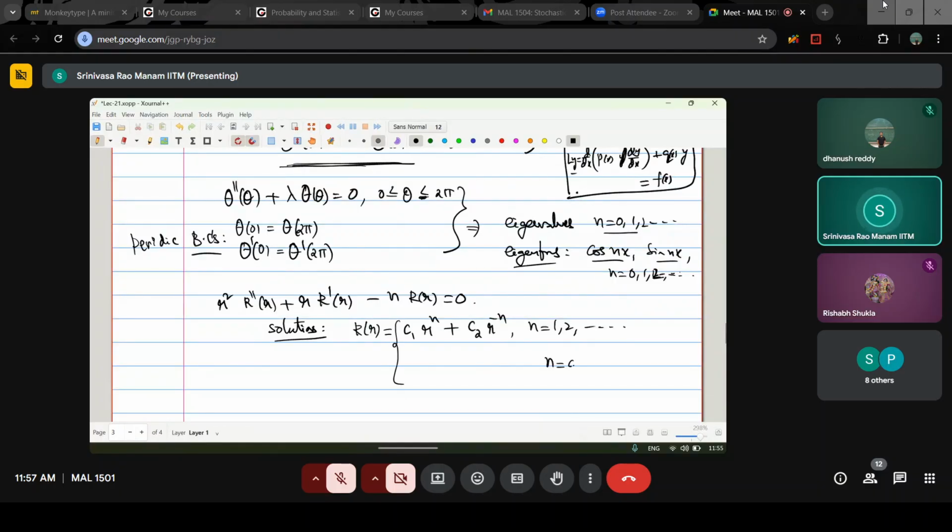If n equals 0, this becomes simply this equation. If you actually solve this one, what you are getting? Simply log r, right? Yes, sir. Log r only.